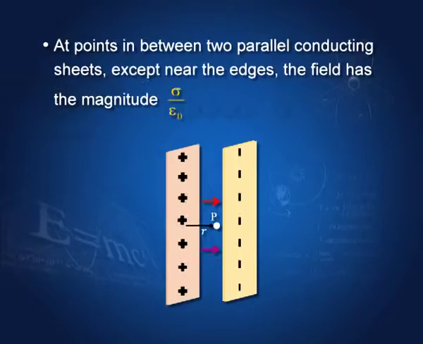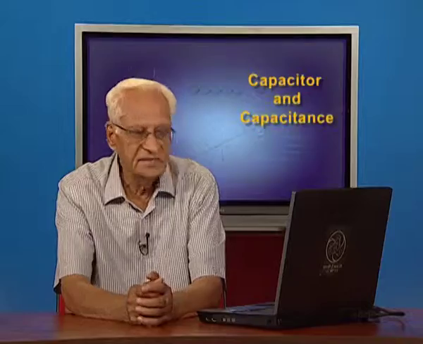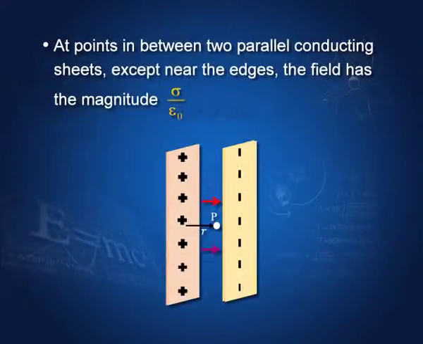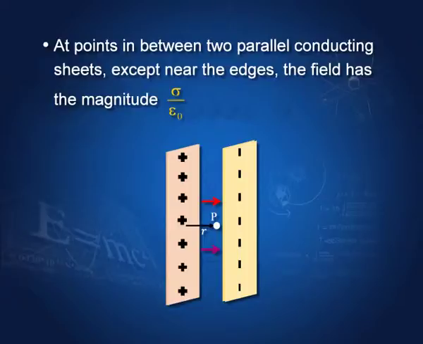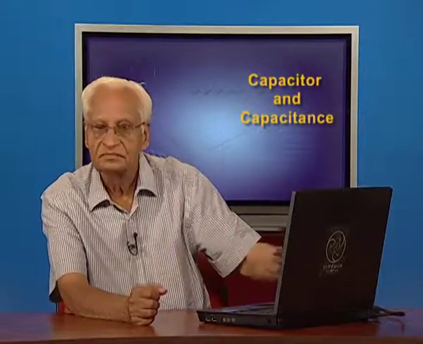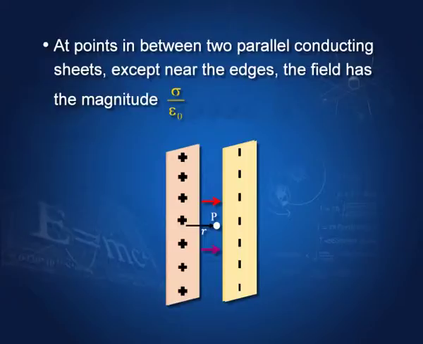At points in between two parallel conducting sheets, except near the edges, the field has the magnitude sigma by epsilon 0. Let me remind you how we get it. The field due to this sheet is in this direction, say the red arrow, and it has a magnitude sigma by 2 epsilon 0. The field due to this sheet, because the charge is negative, is also in the same direction inside the two sheets, say the blue arrow, and is also sigma by 2 epsilon 0.